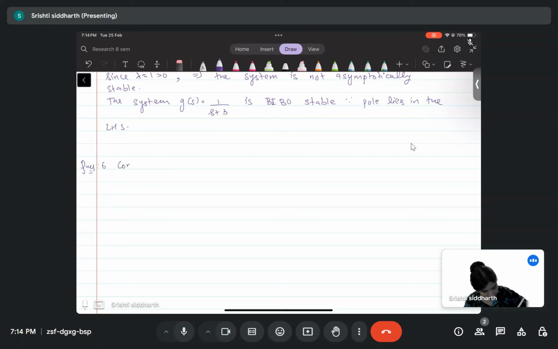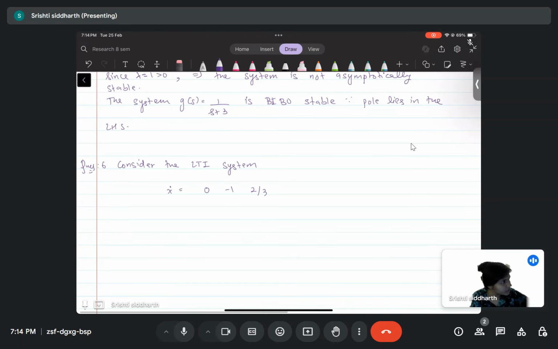So consider the LTI system x dot equals the matrix 0, minus 1, 1, 2 by 3, minus 1, minus 2, 1, 0, minus 3, 1, plus the input matrix 1, 2, 3, and 0.